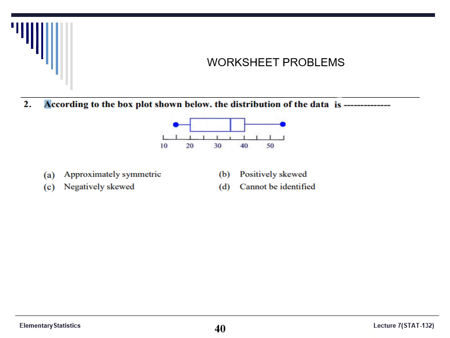According to the box plot shown below, the distribution of the data is: symmetric, skewed, positively skewed, or cannot be identified. Okay, now it's asking about the skewness. So here we look at the lines, the whiskers. Here we see the right line is longer than the left line.